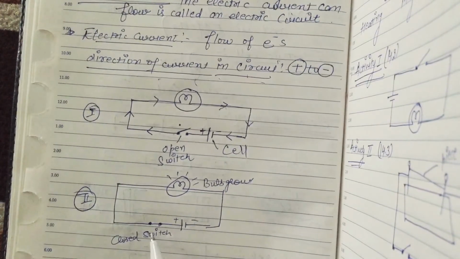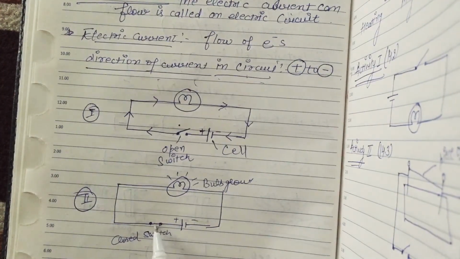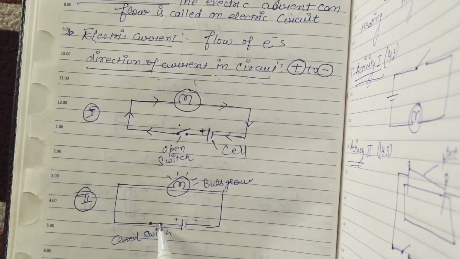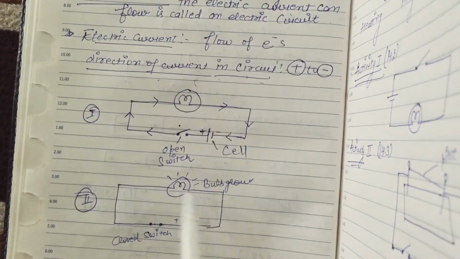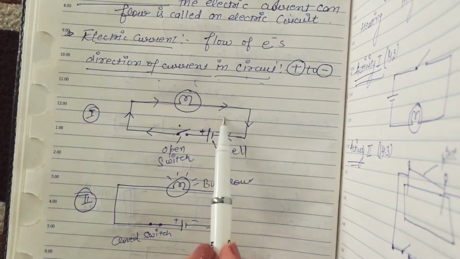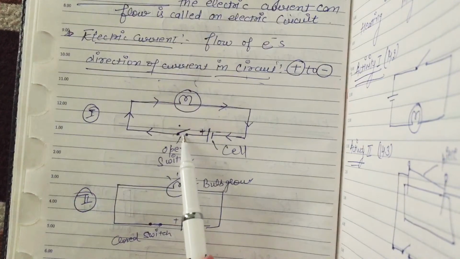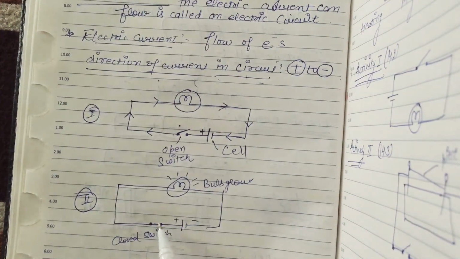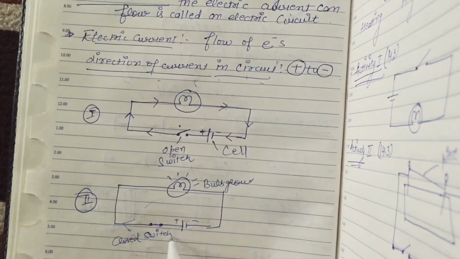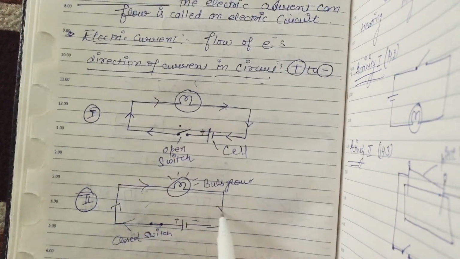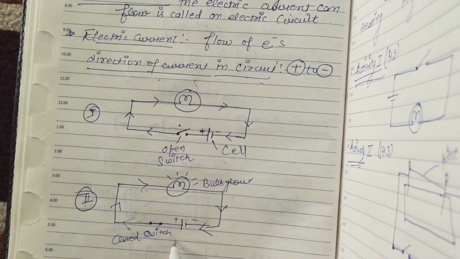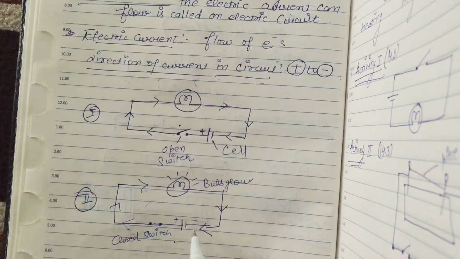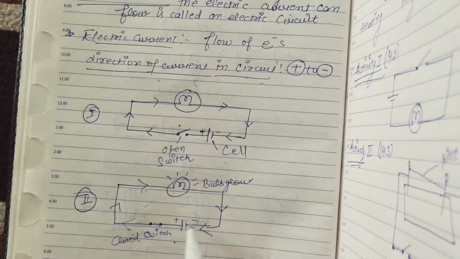Now in the second case, the switch is closed, that means the switch is in on position, so the current will flow. In the first case current will not flow because the switch is off, and here the switch is on, so current will flow from the positive terminal to the negative terminal of the battery, or yes, cell. Here we have used a cell.